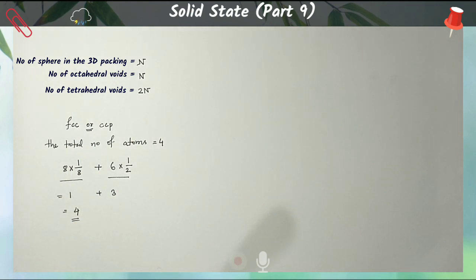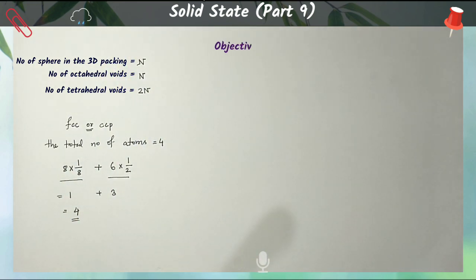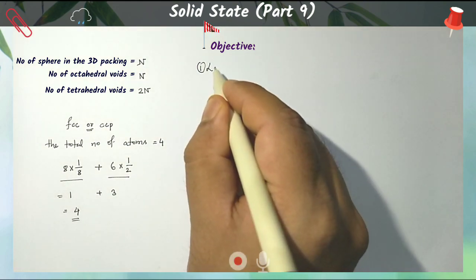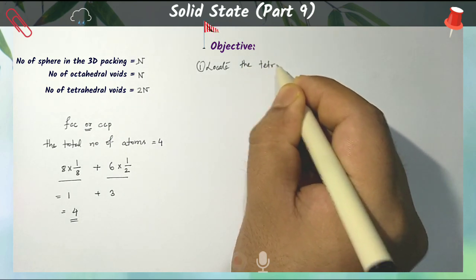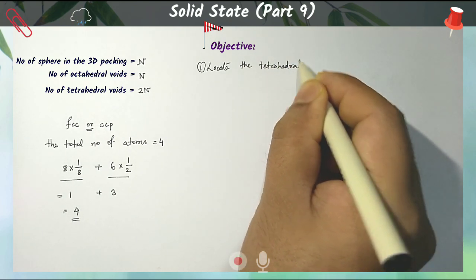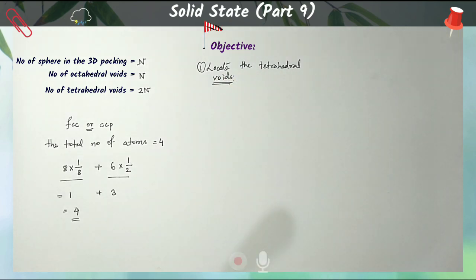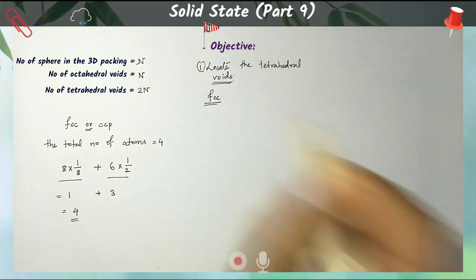Now let us prove this concept. First of all, our first objective is to locate the tetrahedral voids. For this we obviously need a lattice or unit cell, and we already have the FCC lattice.